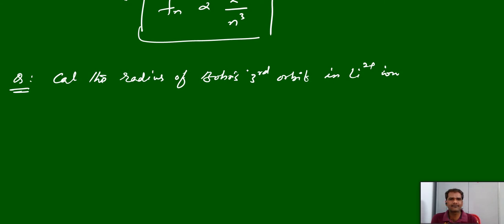So the radius of the Bohr's third orbit means n equal to 3, and lithium 2+ ion means z equal to 3.